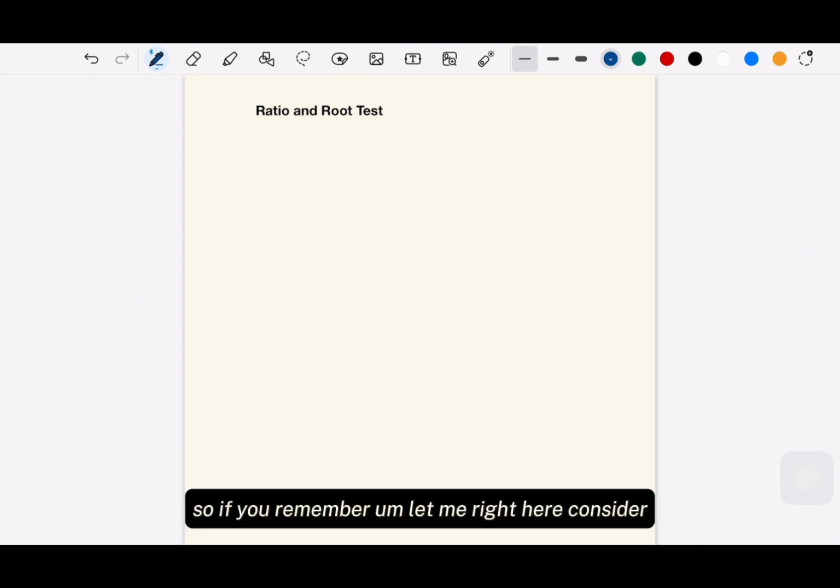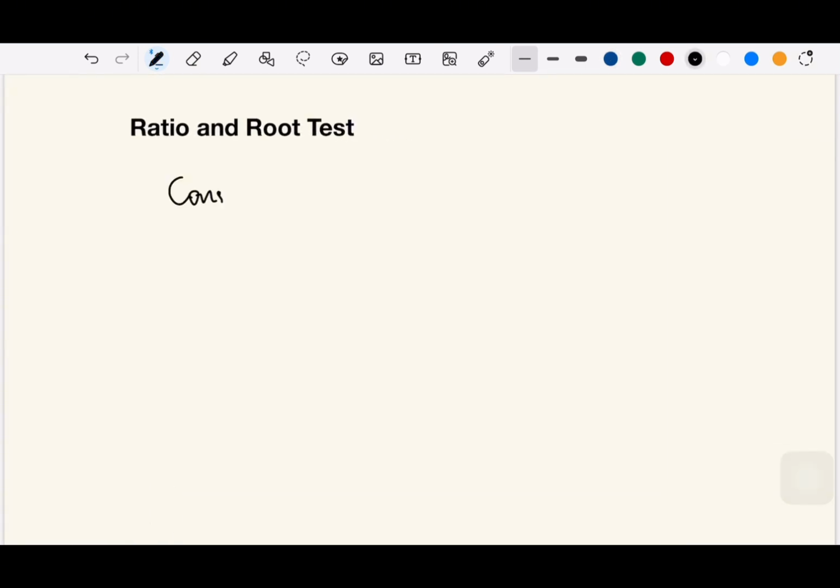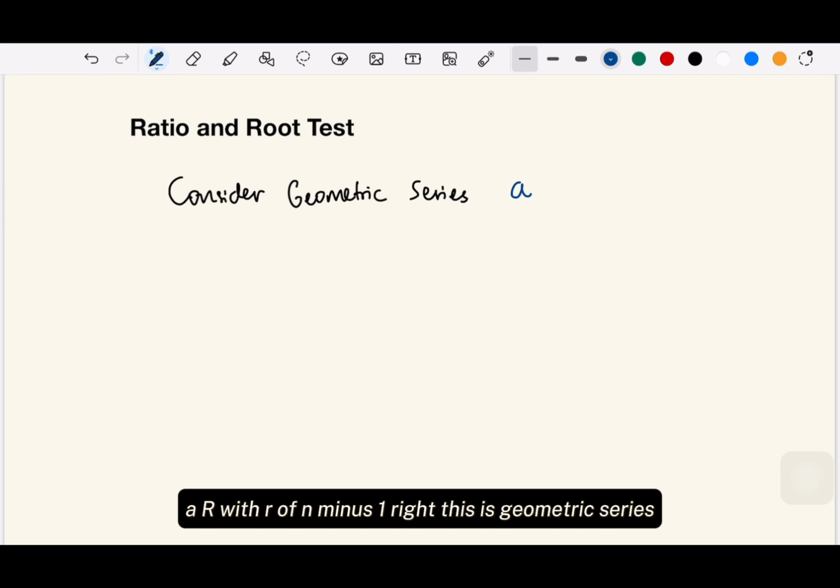Okay. So if you remember, let me write here, consider the geometric series that we have, a r to the power of n minus 1, right? This is a geometric series.